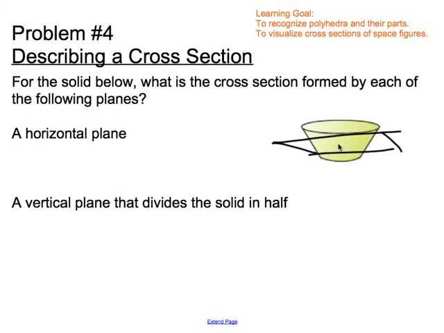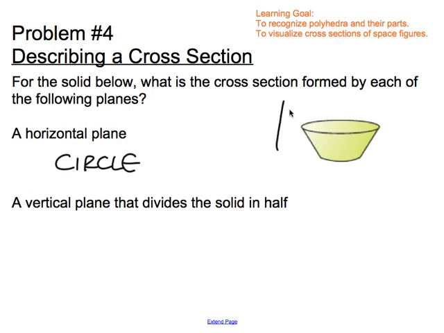So as long as we cut horizontally along any plane, it would look like we would get a circle. Now, if instead we were to cut this with a vertical plane, it looks like by cutting it with a vertical plane, we would most likely get a trapezoid.